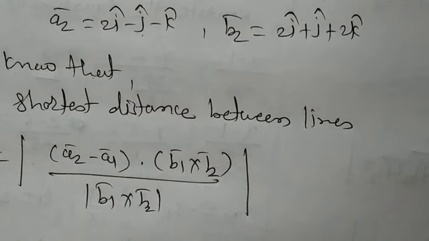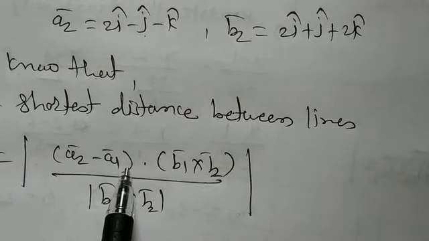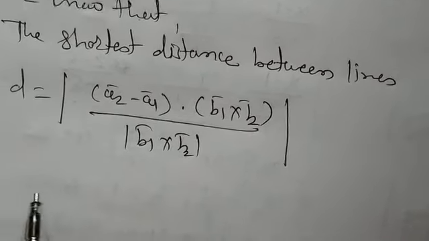So first we subtract a2 minus a1, and find b1 cross b2, and then their dot product. We will take them separately.